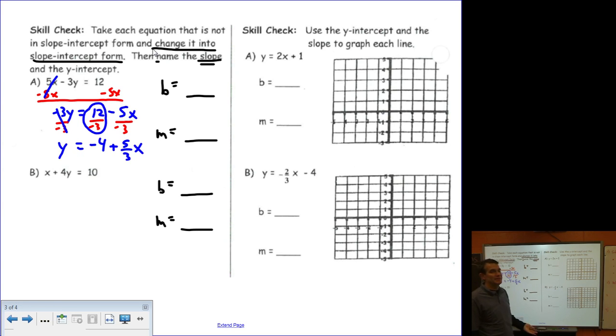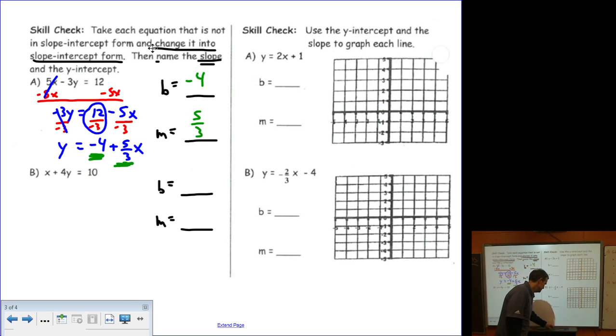Right? 5 can't be divided by 3 evenly, but a negative divided by a negative is positive. So now that I'm in slope-intercept form, I can tell you that this number is the y-intercept, that's -4, and this number is the slope, that would be 5/3. To graph that, I would put a dot at -4 on the y-axis. I'd go up 5, right 3, up 5, right 3, and I'd have my line.